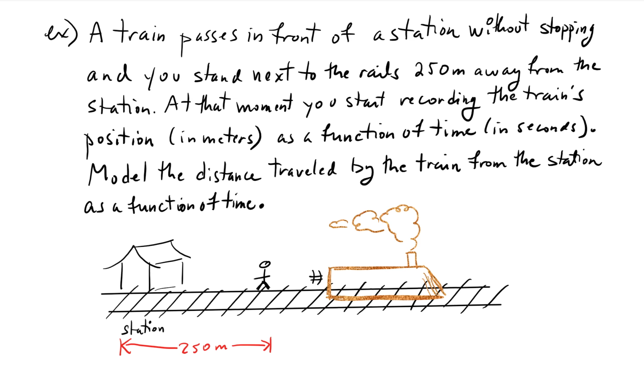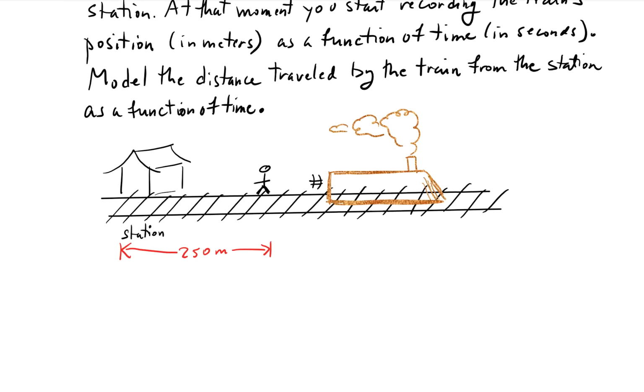Initially, when it passes right in front of you, that distance is 250, but then it moves away from the station, so that distance is going to be increasing, and you're keeping track of the distance between the train and the station, maybe using a drone, I don't know. So here is the data that you recorded.